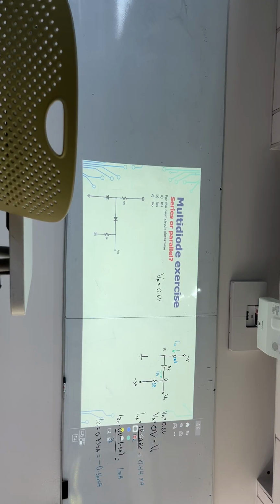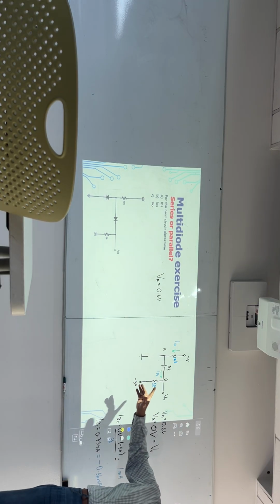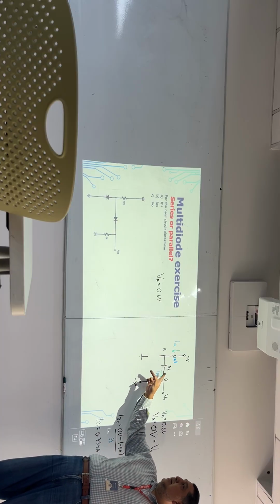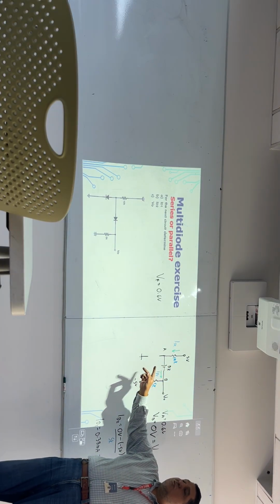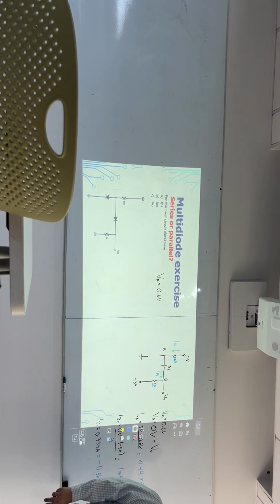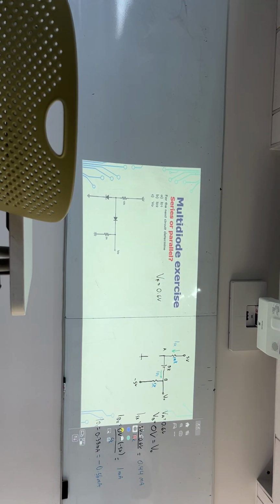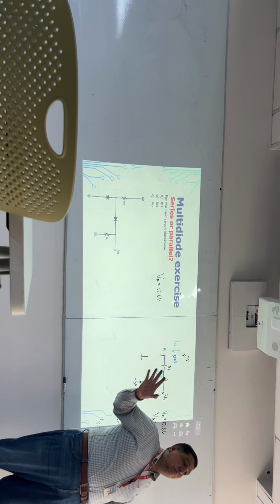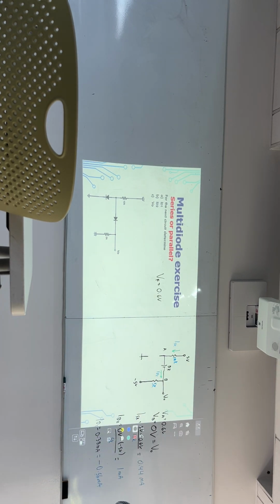I need to recalculate the rest of the values. Why? Because this current is no longer valid, and this current and this current will now be the same. So this first approach of the circuit helped me find which diode was reverse biased, and that diode is not there anymore.